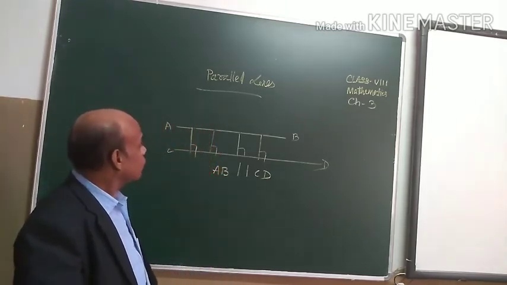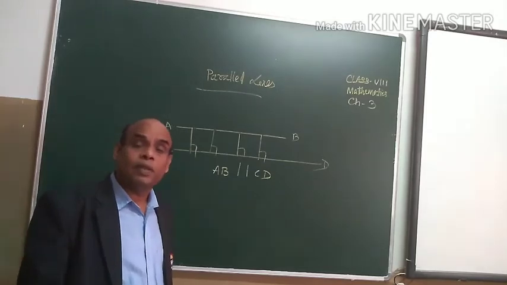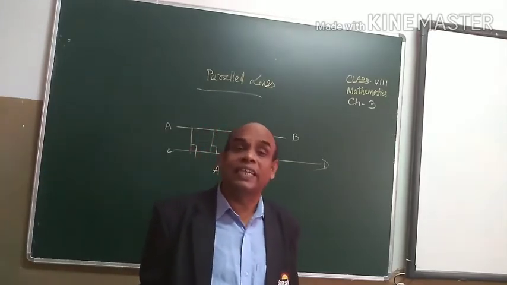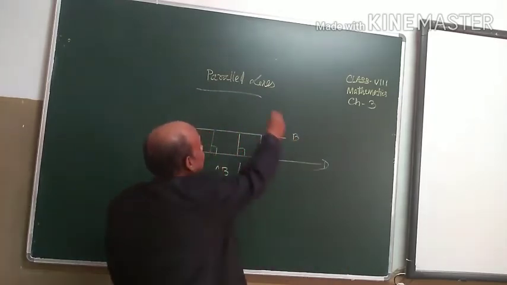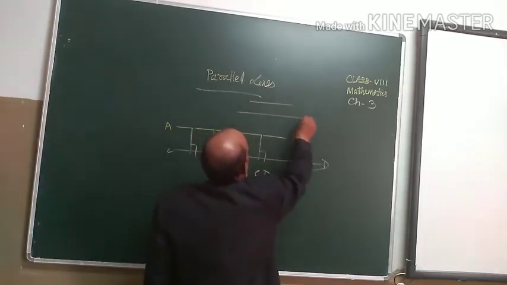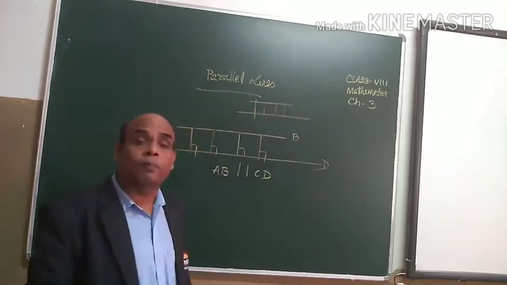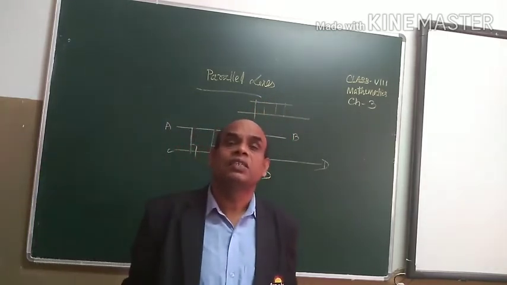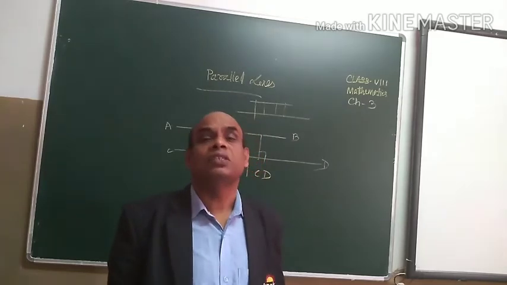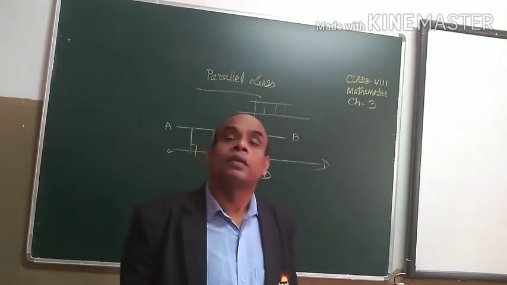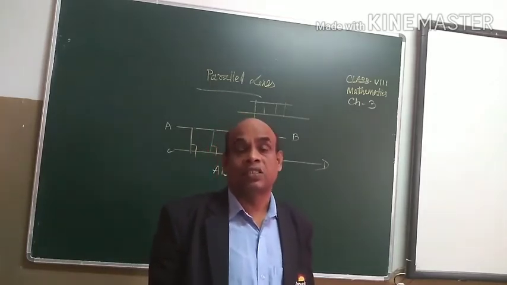Now you can give the example of a railway track. You have seen that the two lines are parallel. Two lines being parallel means the perpendicular distance is the same, that is, equal. So you will find this in a railway track.